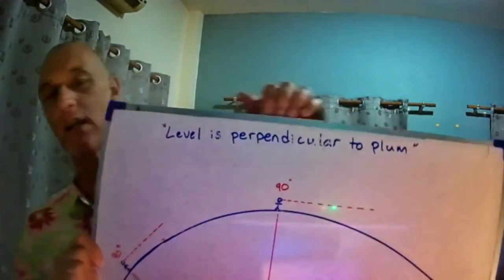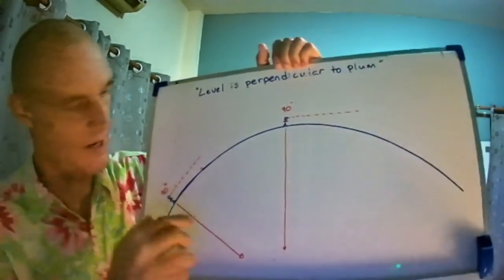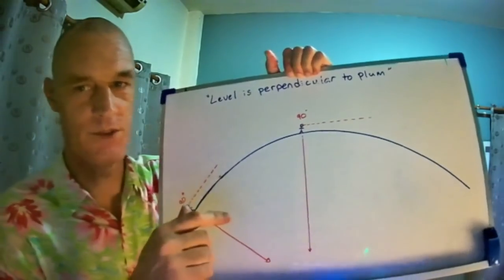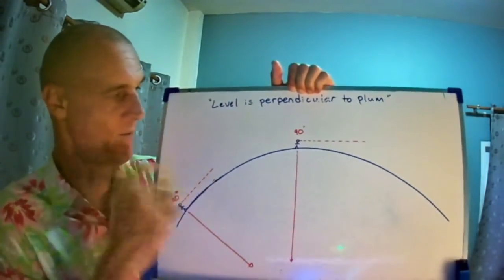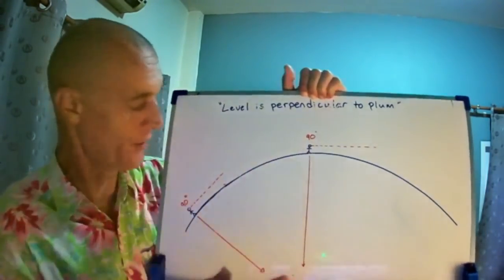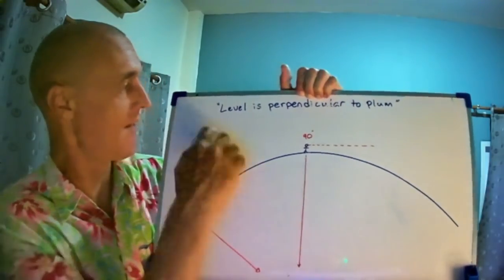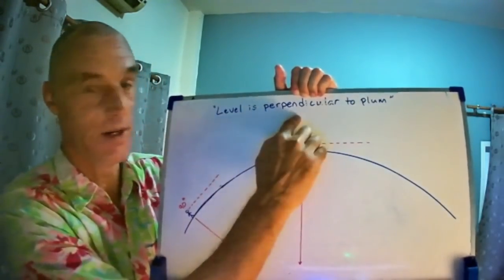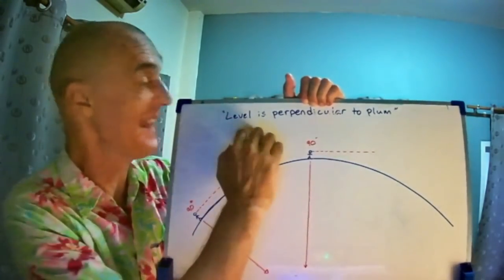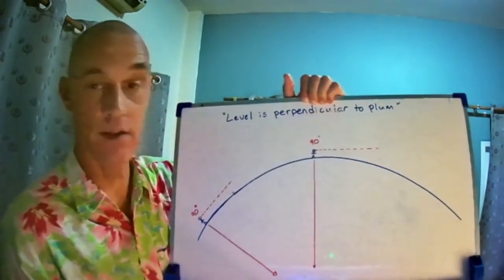So let's have a look at how the globe Earth is represented. We have to address this problem when it comes to talking about what we see in reality compared to the model. You're probably well aware that the globe Earth model proponent will say level is perpendicular to plumb.